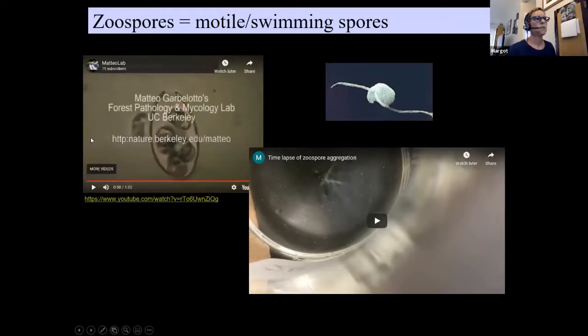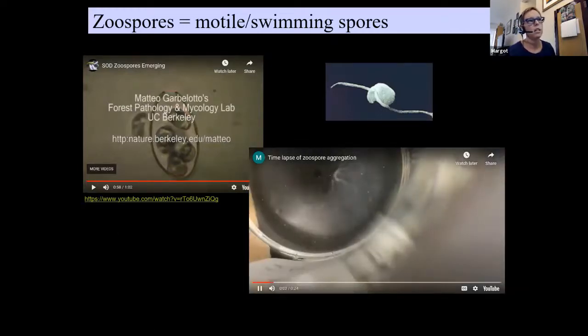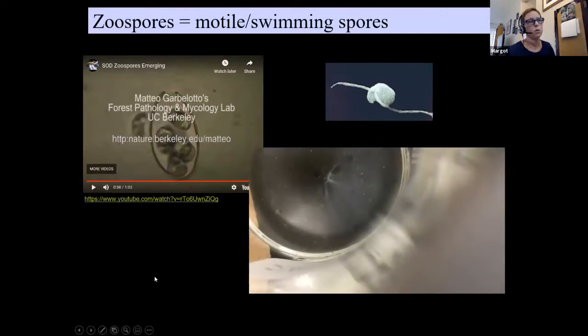You get enough of these in a solution, and this is just a fun little aside, but this is from my lab. This is looking down on the top of a beaker of water that has zoospores in it, and if you get enough of them in the water, they start to do this cool aggregation thing. This little moving cloud that you see right here is millions of zoospores in the water.